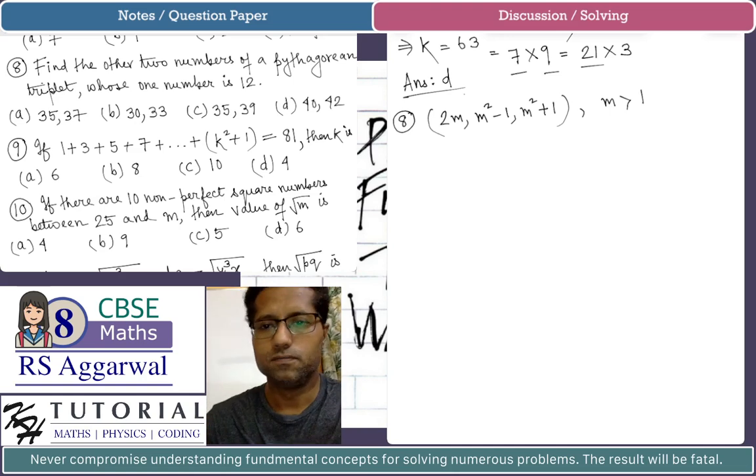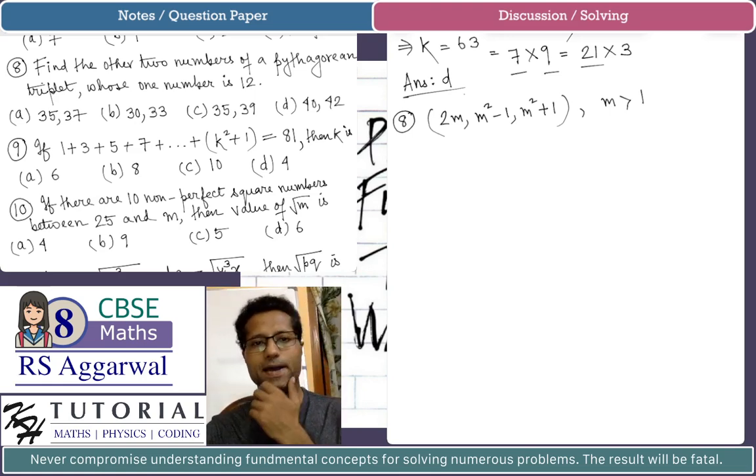So you always try to match the given number of the triplet as twice m.